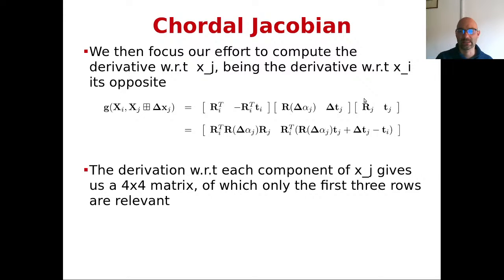Now the product of the translation is long, is Ri transposed that multiplies the product of these two. So you take Tj, you multiply by R of alpha j, and then you sum delta Tj, and then you have resolved the translation vector for this part.